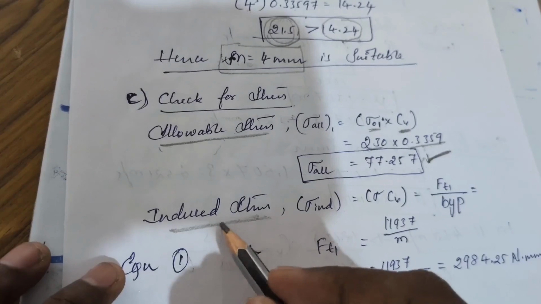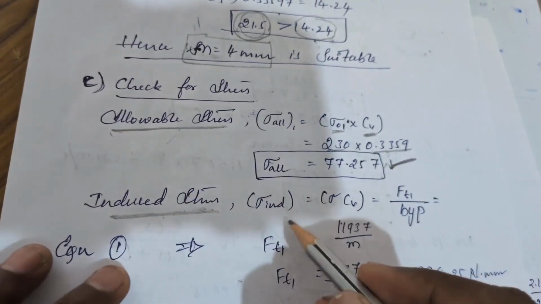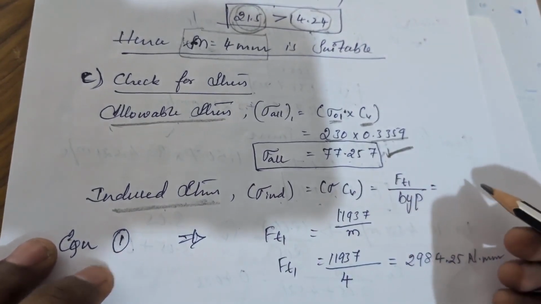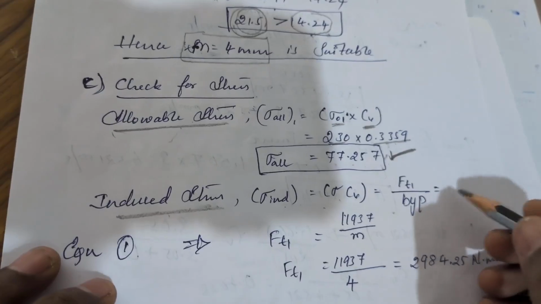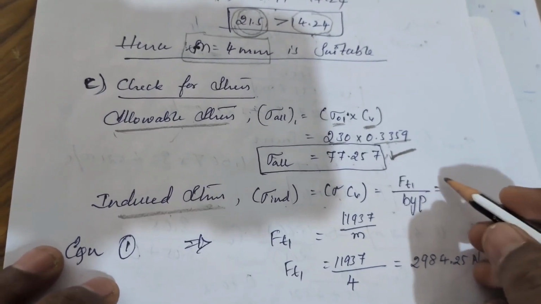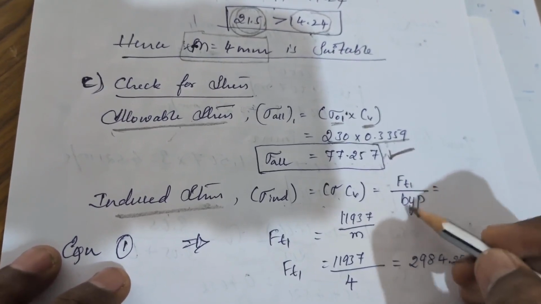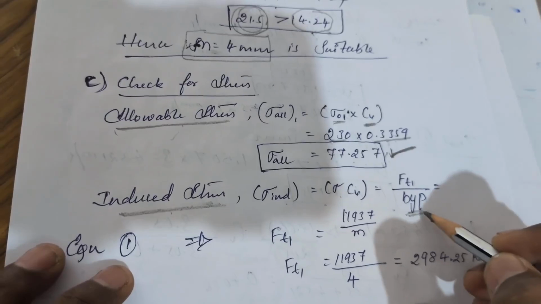Induced stress is nothing but the stress induced on the gear. So induced stress is equal to sigma d into CV, for which I will be using the equation from the data handbook, which I have previously used for calculating FT: FT divided by BYP.